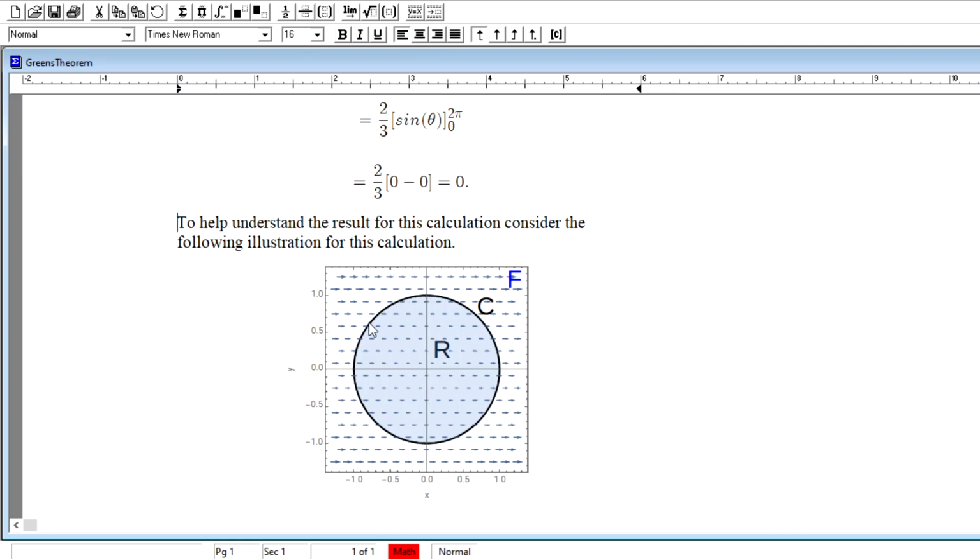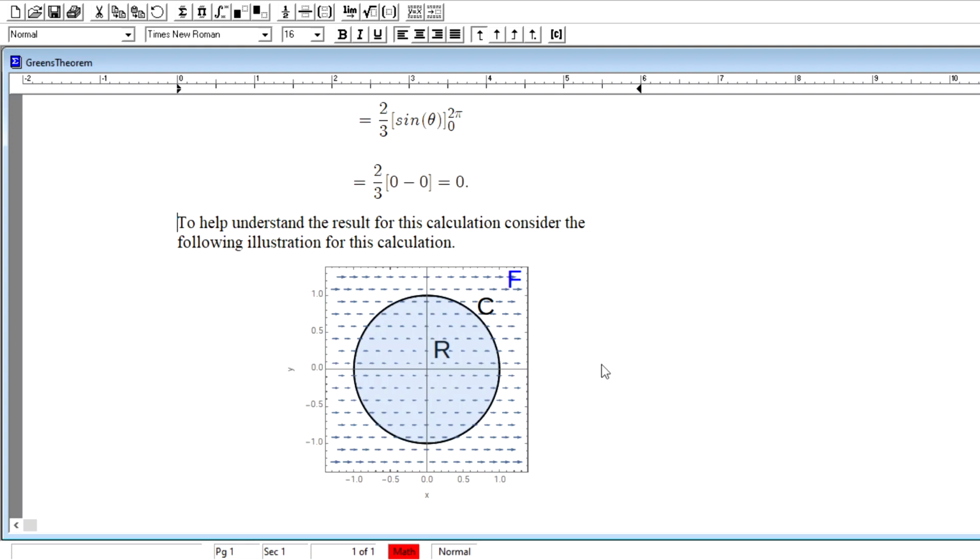Whereas if you look at the other symmetrical half of that unit circle, the left half, the entire field appears to be converging on that boundary. And the amount that we're converging on that boundary along C appears to be balanced with the amount that's diverging away on the right half of this circle.